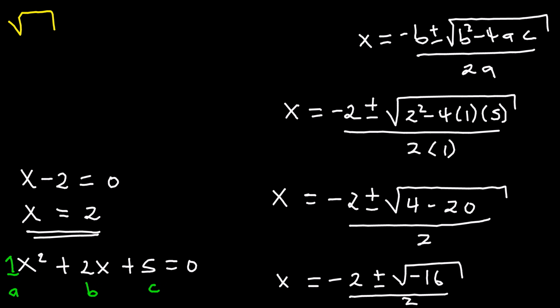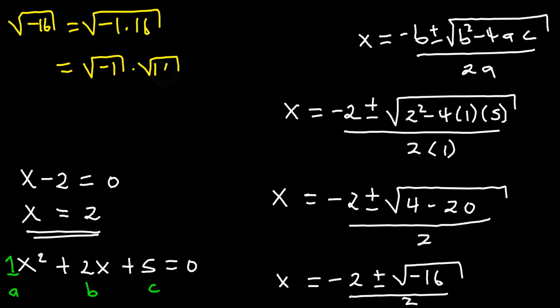Now the square root of negative 16 is the same as the square root of negative 1 times 16, and this is the same as the square root of negative 1 times the square root of 16. And we know that the square root of negative 1 is i. Therefore, the square root of negative 16 will be equal to i times the square root of 16.